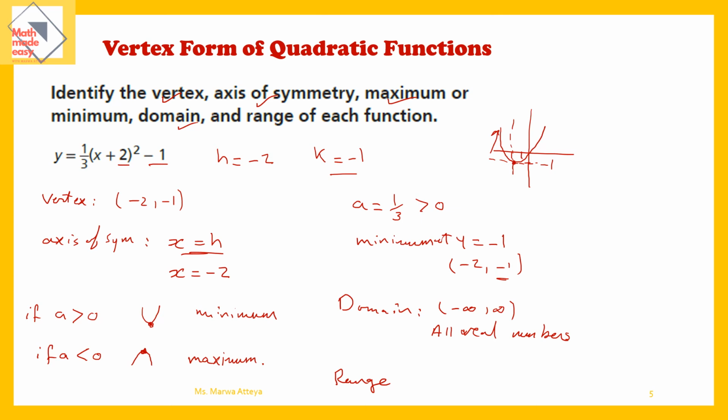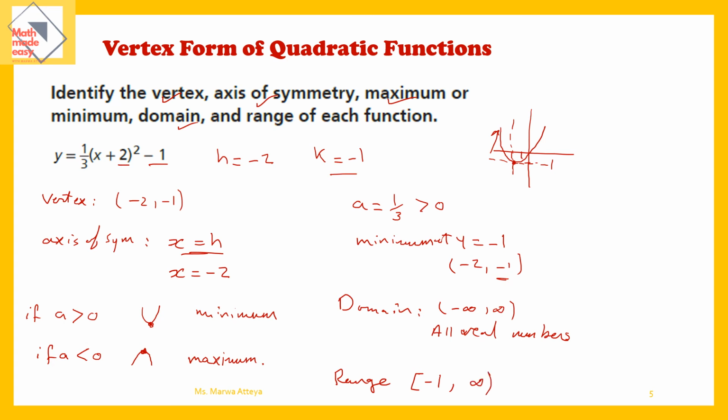Okay? So in this case, the range is going to be all real numbers that are equal to or greater than k, because the parabola opens upwards. So I'm going to write it like that. It starts from -1, right? And this bracket is because -1 is one of the values included in my graph, until infinity.